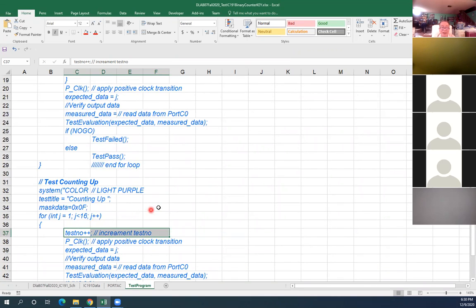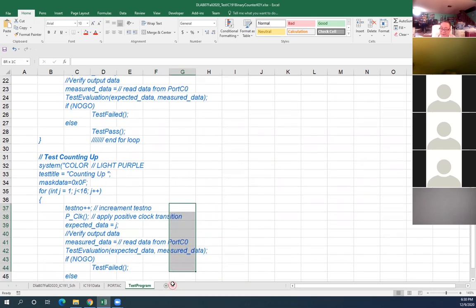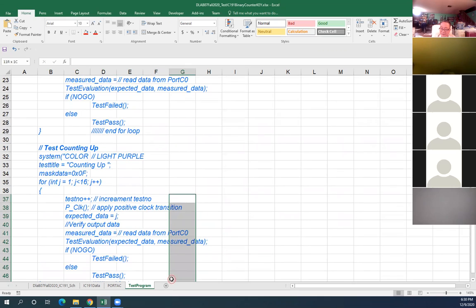That means you want 512 tests, and with just a few lines of code you can get through everything. You don't have to type in 512 tests, no way.